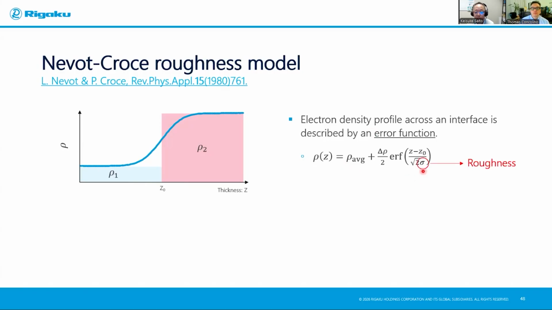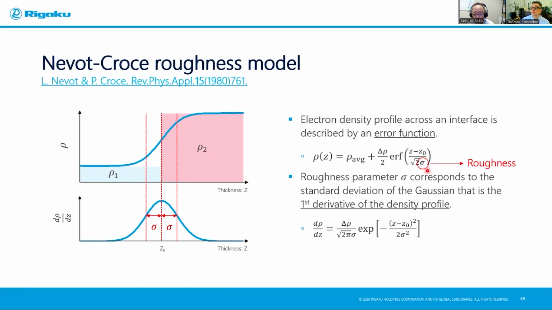They introduce sigma here, which corresponds to the standard deviation of the Gaussian, which is the first derivative of the density profile. As you may know, the first derivative of the error function is a Gaussian. So this is d rho over dz, a Gaussian function profile at this interface. They define the roughness as the standard deviation of this Gaussian function, the sigma here.